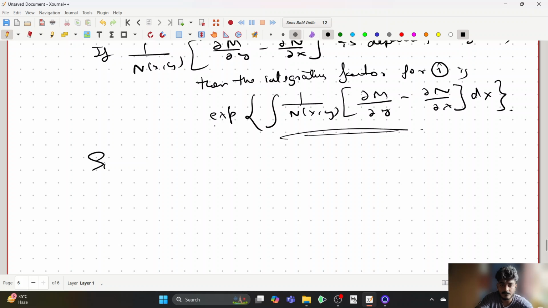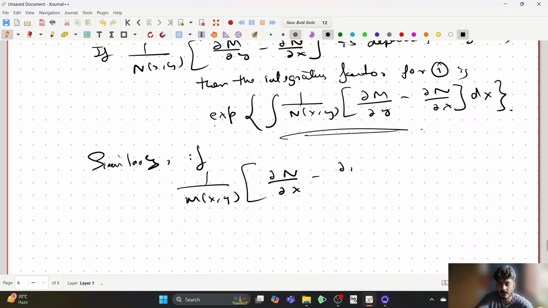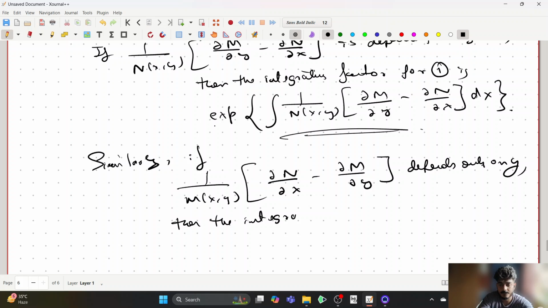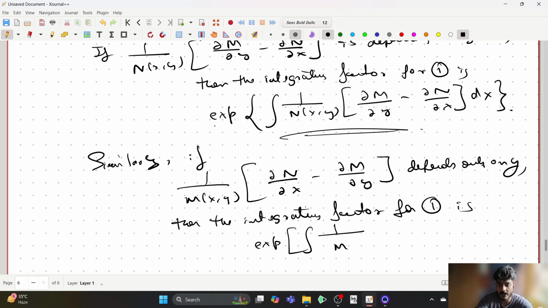Similarly, if (1/M)(∂N/∂x − ∂M/∂y) depends only on y, then the integrating factor is given by the exponential of the integration of (1/M)(∂N/∂x − ∂M/∂y) dy.